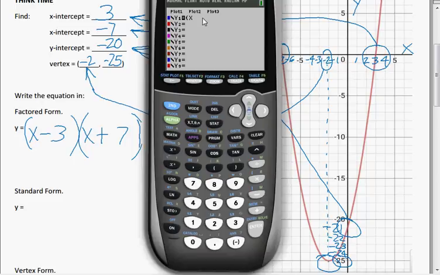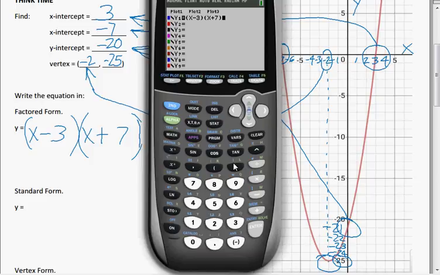Second thing, minus 3. I use the minus, not the negative, and 3. Then I close my parentheses, and I start the second factor, x plus 7. I close that.